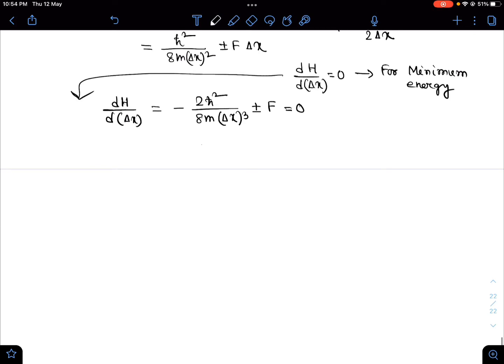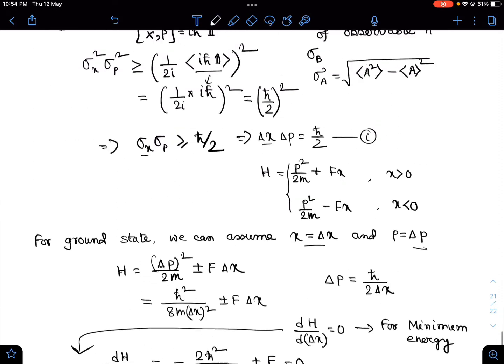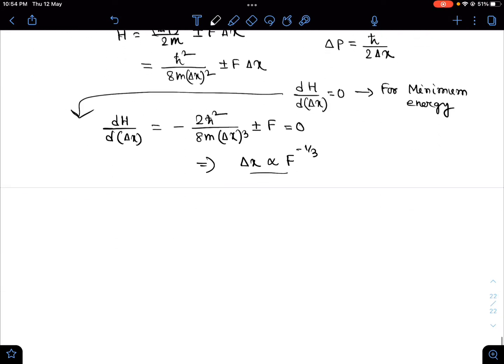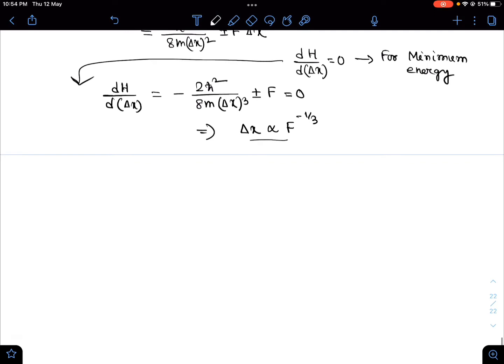So from here we will get that delta x is proportional to F to the power minus 1/3, and there will be a constant factor. I write just the proportionality, because we have to find what the factor of F is. So delta x is proportional to F to the power minus 1/3.